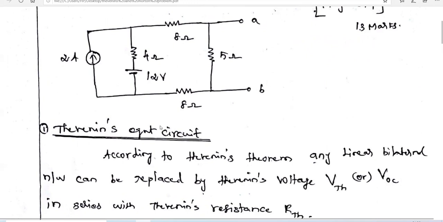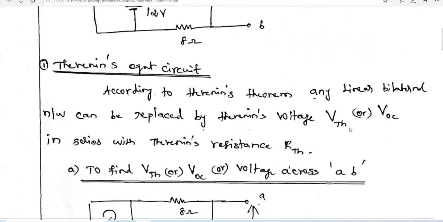According to Thevenin's theorem, this network across the terminals A and B can be replaced by the Thevenin's voltage VTH in series with the Thevenin's resistance RTH.